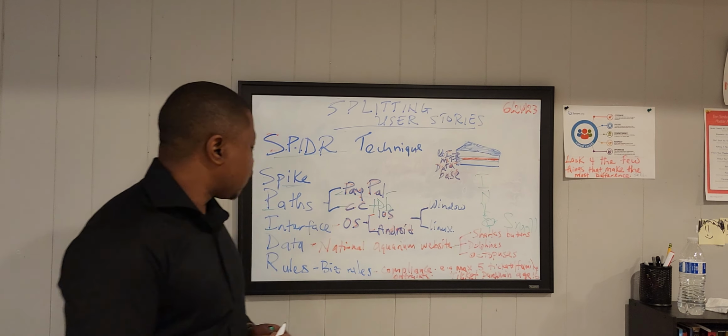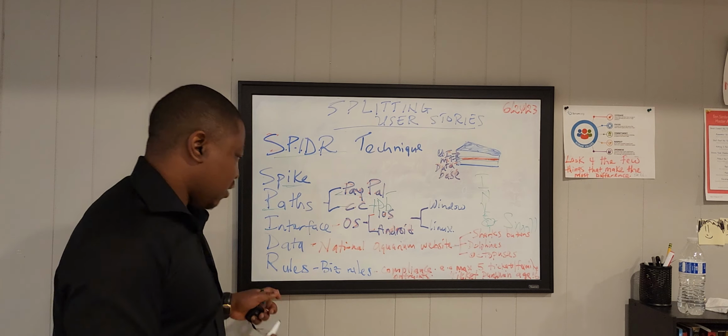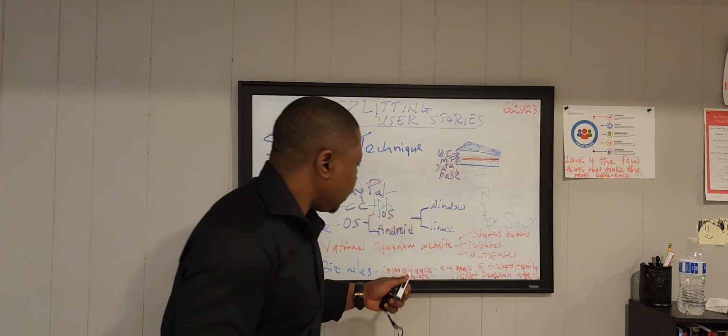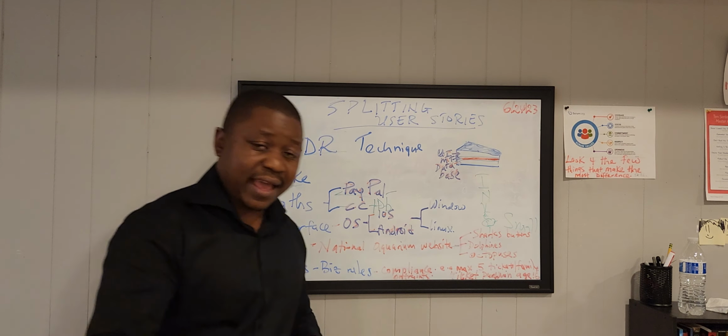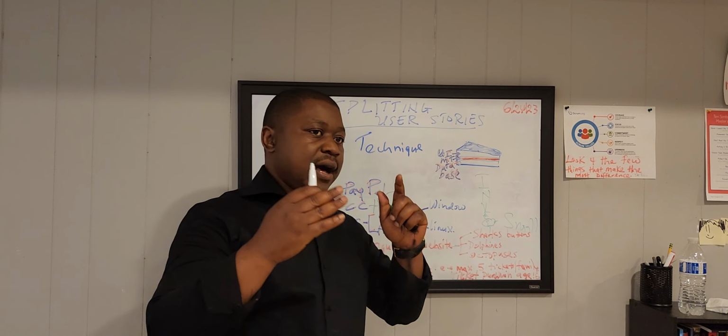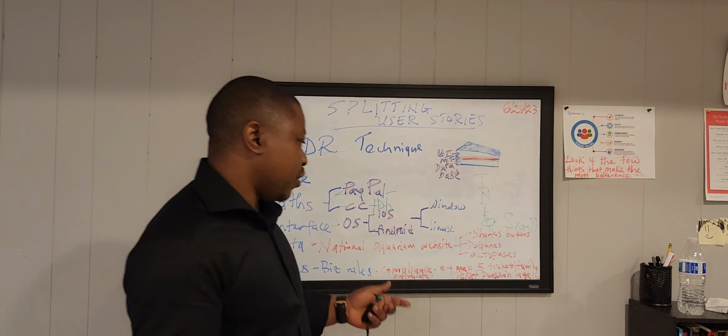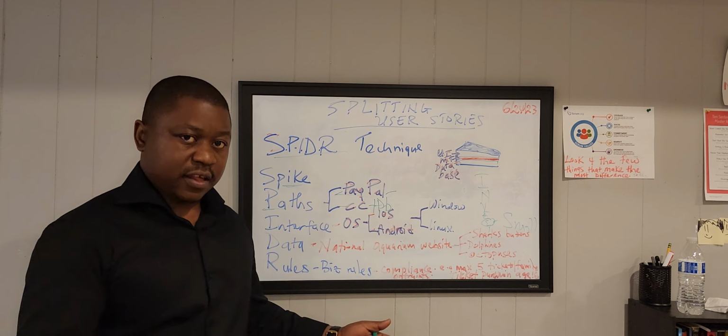Then business rules is another criteria you can use for splitting user stories. This has to do mostly with compliance issues and some constraints that are either imposed by regulatory bodies, or it's just good business practice, right?